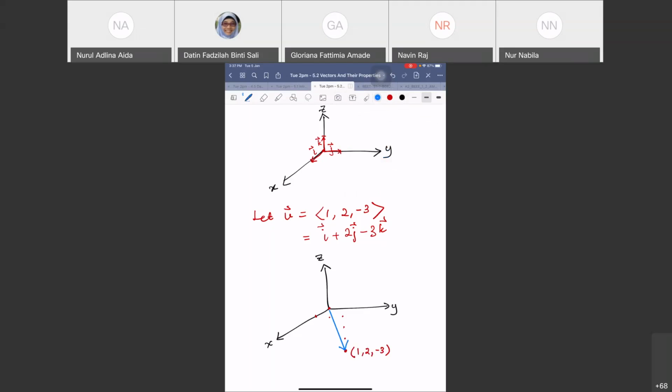So this is my vector u. So vector u is there. All right, so that's how we plot.